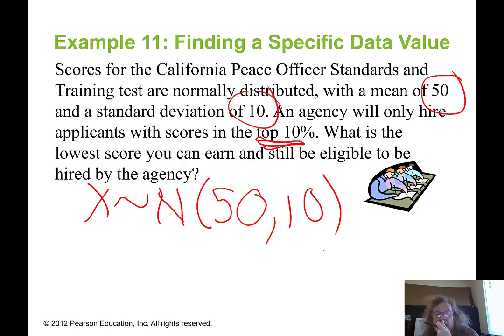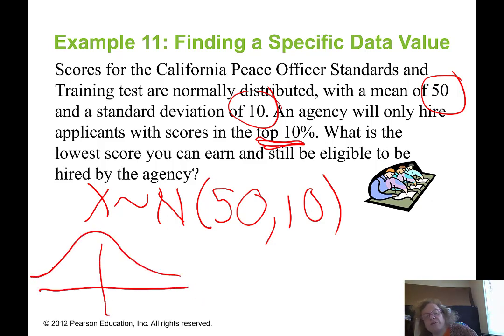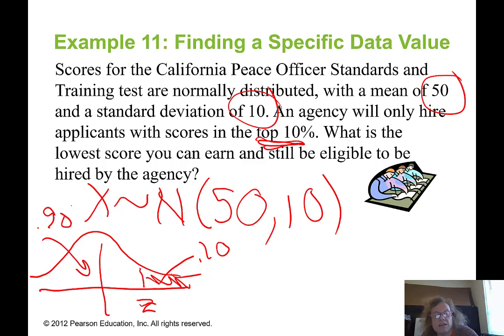And we know that we're interested in the top 10% of the distribution. So we're going to be using the standard normal in order to find that score that goes with the top 10%. Top 10% means that we want 0.10 above that z-score and 0.90 below that z-score.